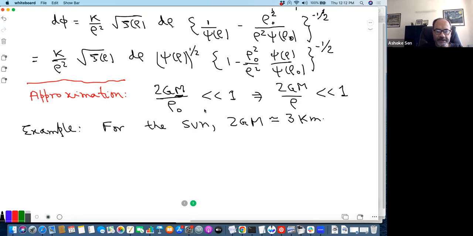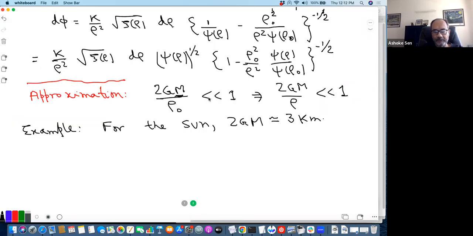But the distances involved, suppose you are trying to find the bending of light as it goes around the sun, clearly the minimum distance that the light can have is much larger than the radius of the sun, because light cannot simply enter the sun, it will just get blocked. So the typical ratios that you will be encountering in any practical situation have this 2 GM over rho 0 much smaller than 1, and that's the approximation I'm going to make.